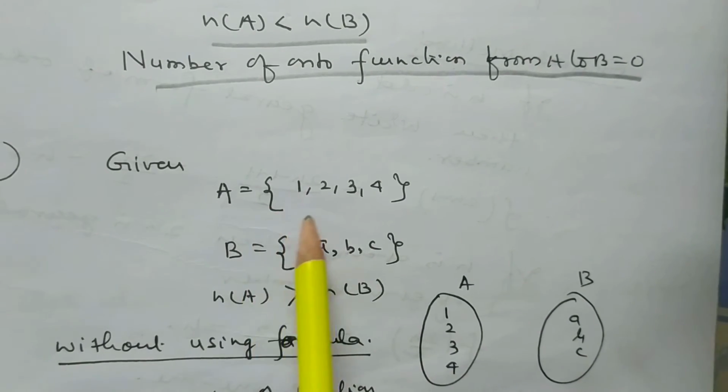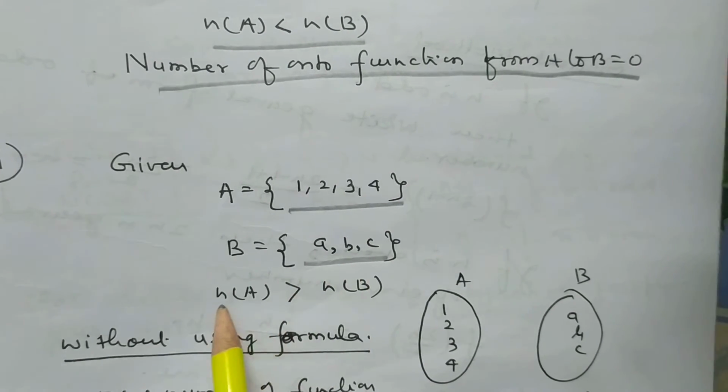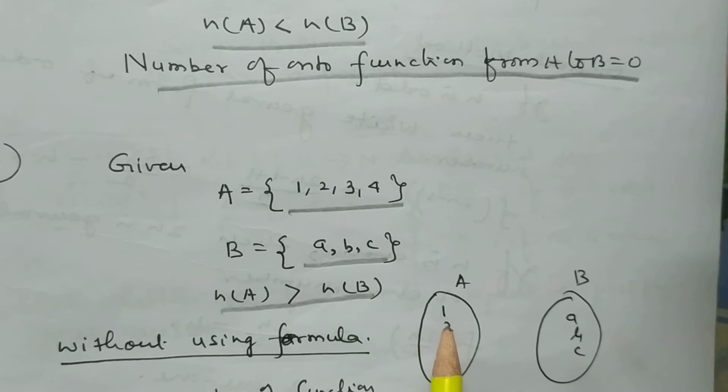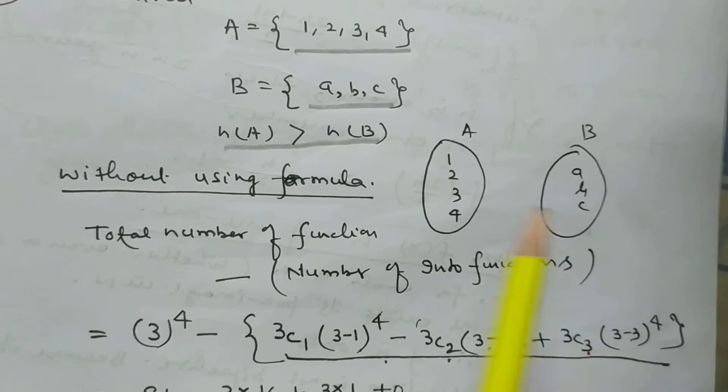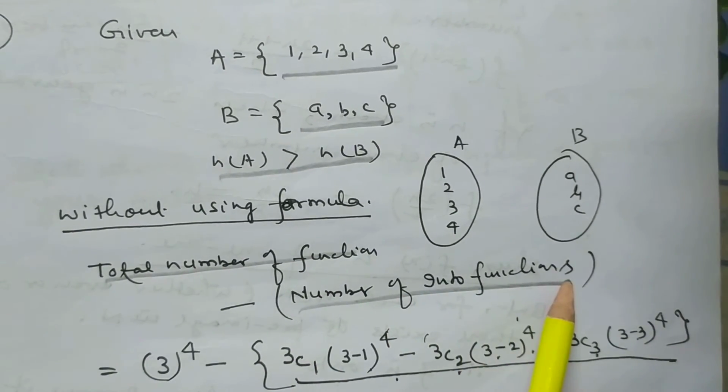Now suppose A is equal to {1, 2, 3, 4} and B is equal to {a, b, c}. The cardinal number of A is greater than the cardinal number of B. In set A there are 4 elements, in set B there are 3 elements. So the total number of functions minus the number of into functions.